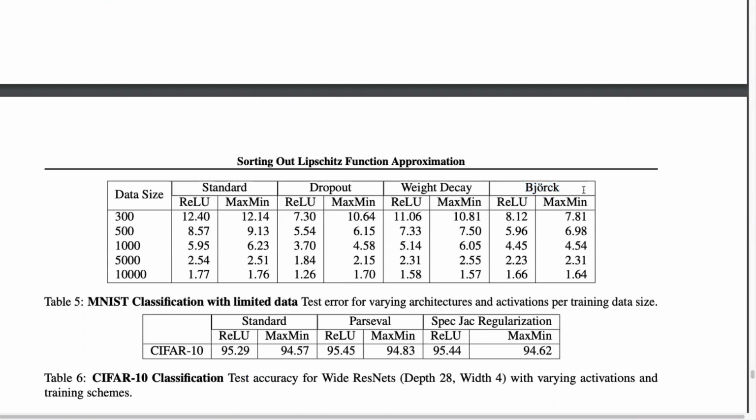Okay, so I didn't even talk about this technique in the paper, but the technique they use to actually make the weights, not the activations, norm preserving is this thing called the Björck something or other algorithm, which does an iterative procedure to find the closest orthogonal matrix to a given matrix. So they use this to try and find weights.